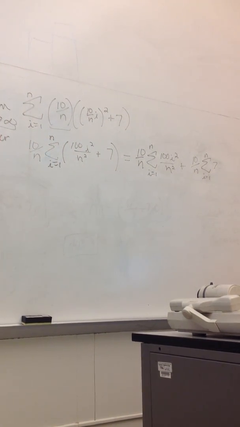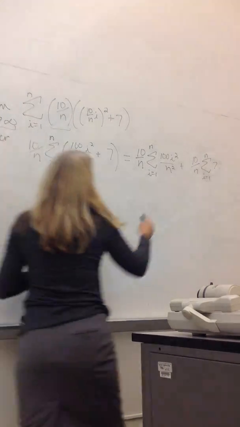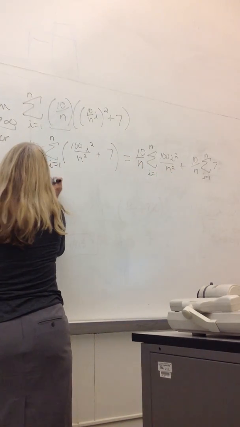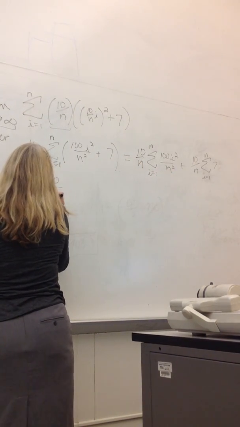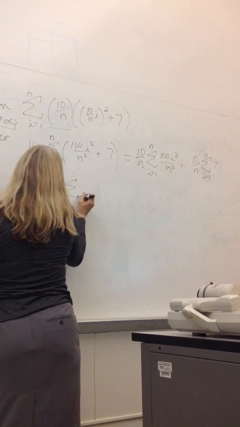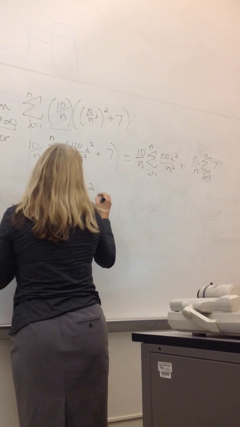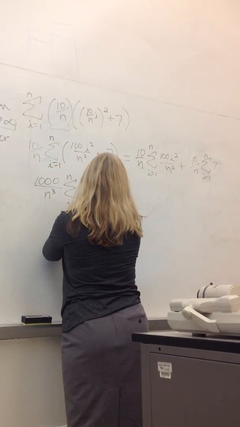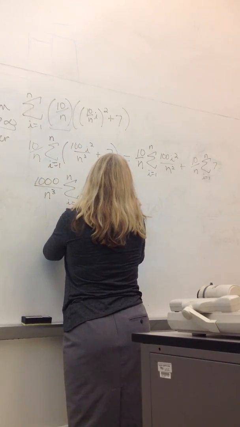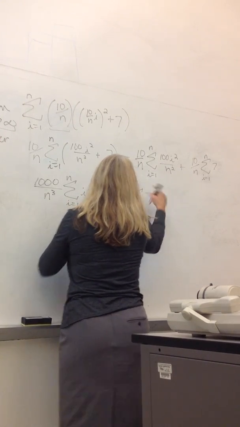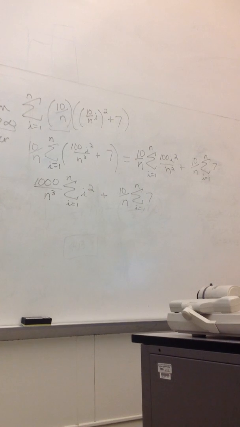Okay, so I broke up the sum as two separate sums. And then the 100 over n squared, I can actually factor out also, because n is going to be set for any particular situation. It's the i that's changing. And that one, I'm not changing at the moment.